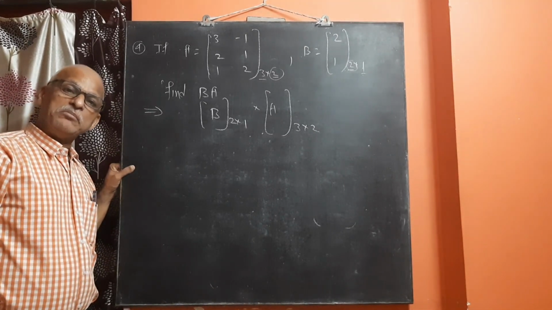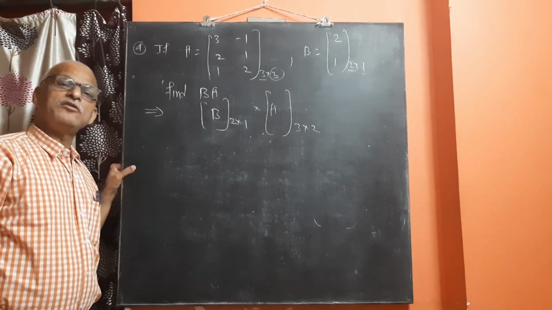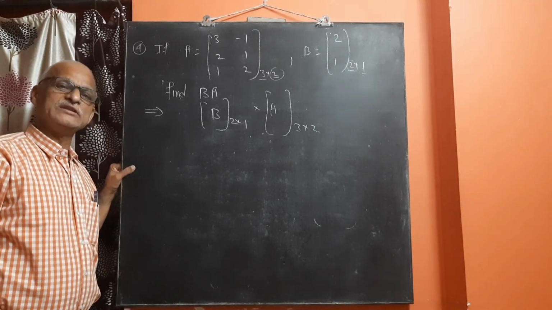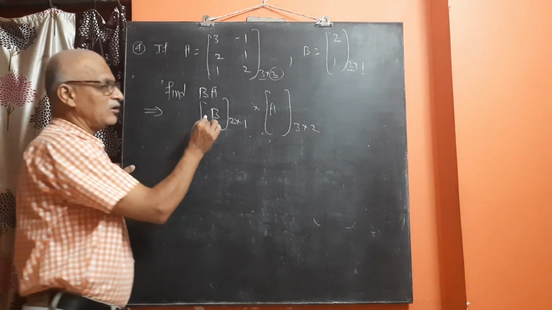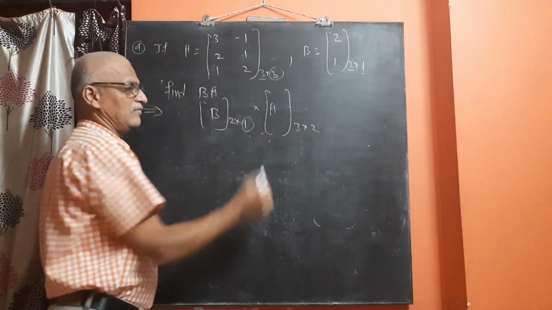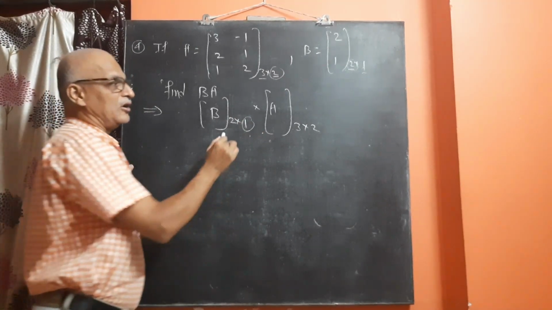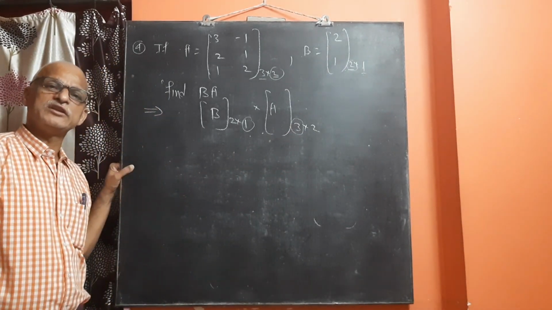Why? Because here the condition of multiplication of two matrices fails. कौन सी कंडीशन फेल होती है? The number of columns of B, that is 1, are not equal to the number of rows of A, which are 3.